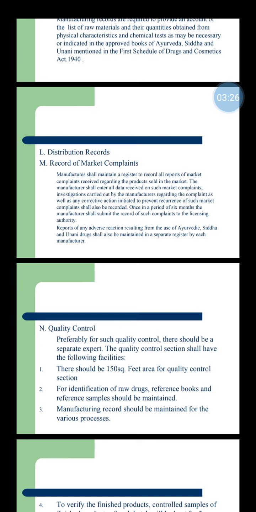The manufacturer shall enter all data received on such a market complaint. The investigation carried out by the manufacturer regarding the complaint, as well as any corrective action initiated to prevent recurrence of such a market complaint, shall also be recorded.